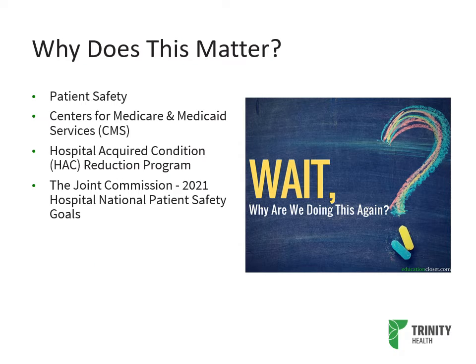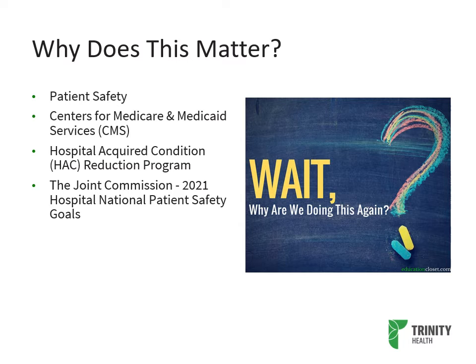First of all, patient safety is why we're looking for this and trying to do what we can to prevent this. But also, as I mentioned on the previous slide, CMS pulls this data and they score us as a facility on that, and that is publicly reported. They also link our Medicare payments based on our data. We're not just looking at CAUTI events, but they also look at central line associated bloodstream infections, any type of surgical site infection, ventilator events.